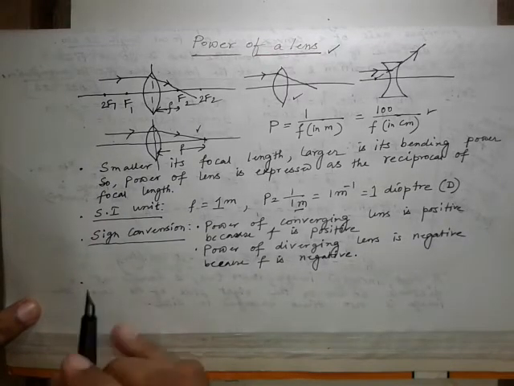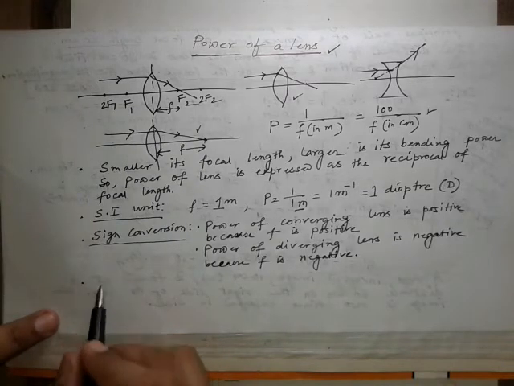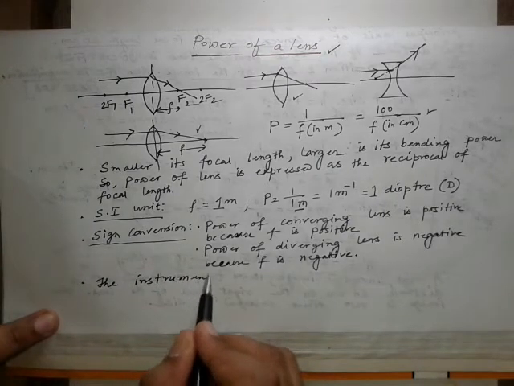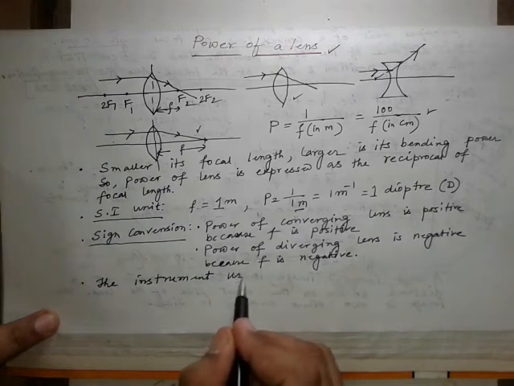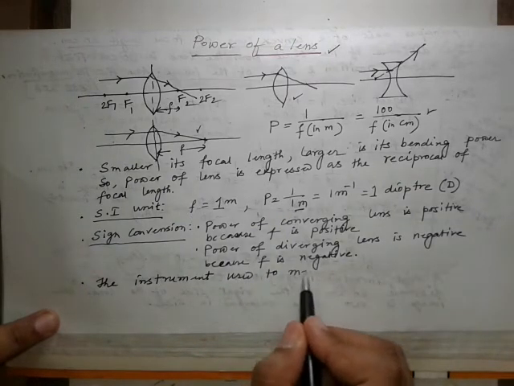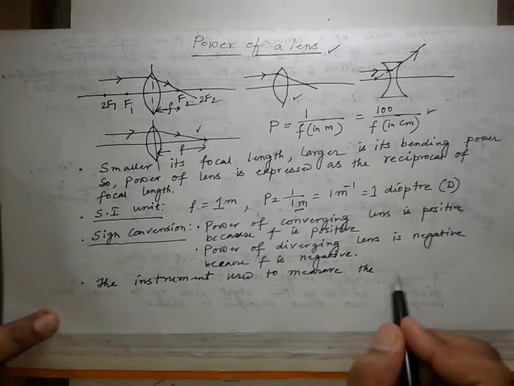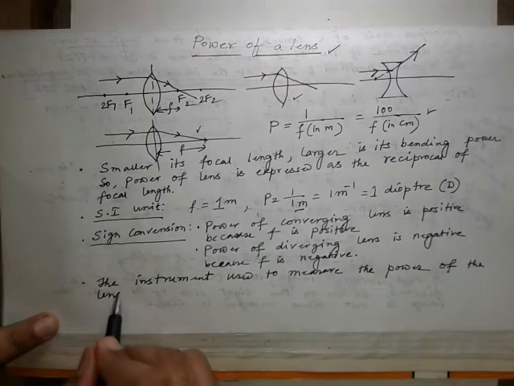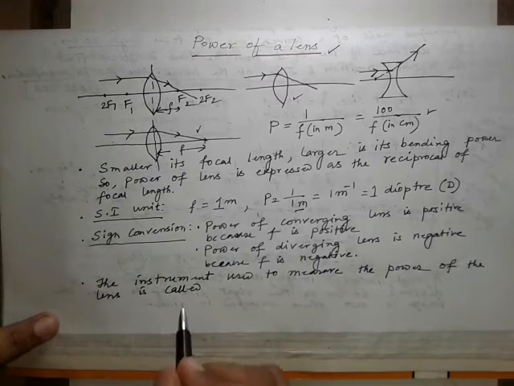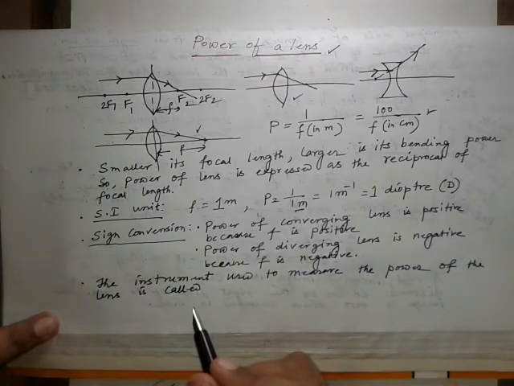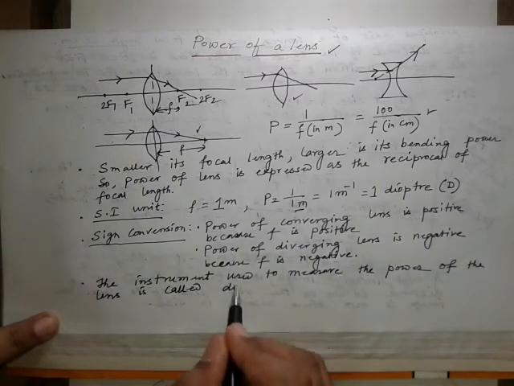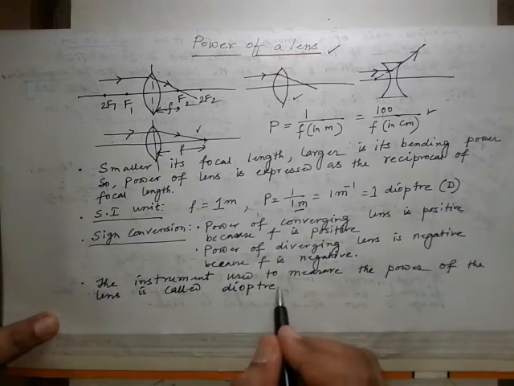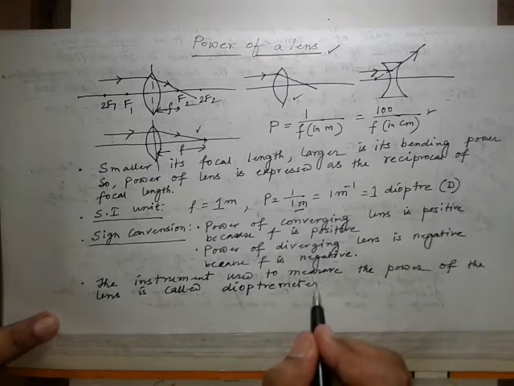The instrument used to measure the power of the lens is called the dioptremeter, diopter meter.